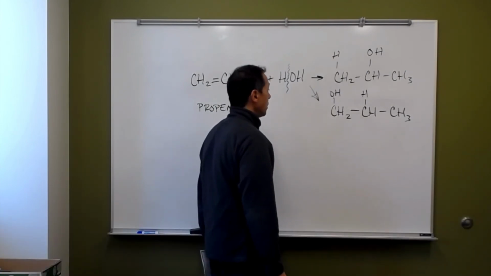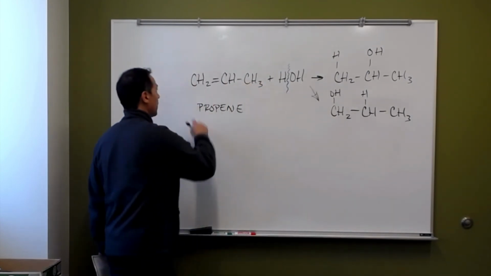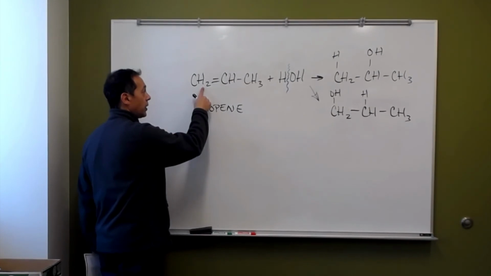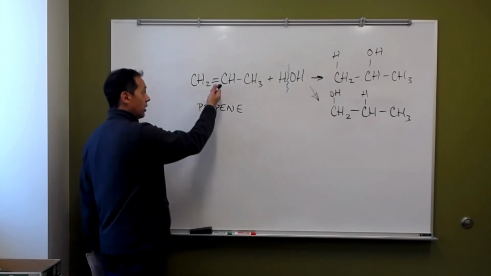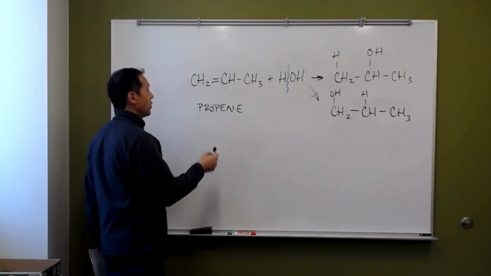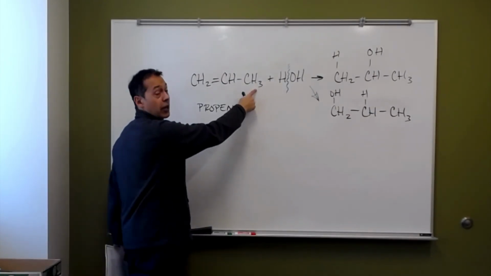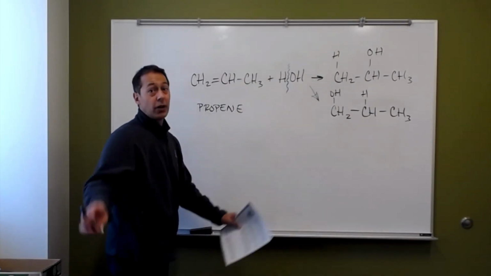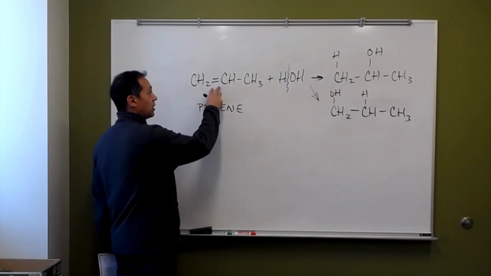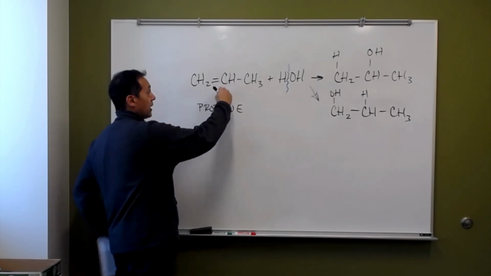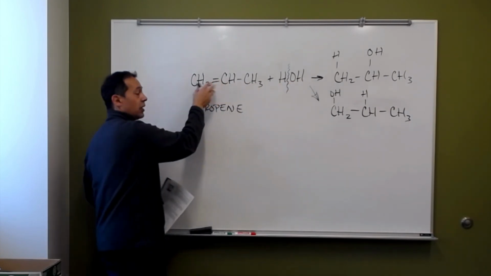As we take a look at these 2, maybe I'll go back to this one. This has got 2 hydrogens here, and 1 hydrogen here. And the hydrogen likes to go to the carbon that has the most hydrogen, which is going to be this one. And I know what you're thinking: wait a minute, Professor Locken, that one's got 3, and 3 is way bigger than 2. Yeah, but the double bond is here, and that's what's going to break and allow the hydrogen and the hydroxide to attach.